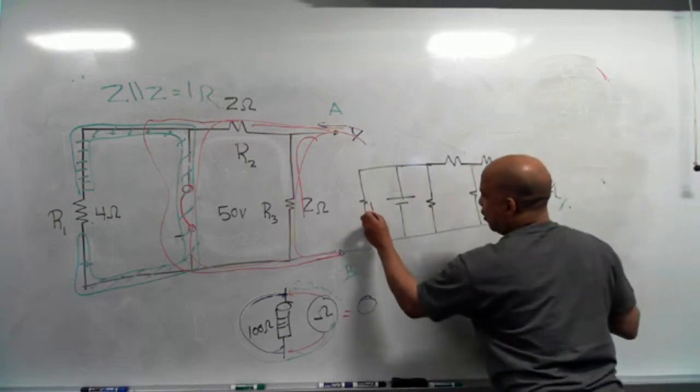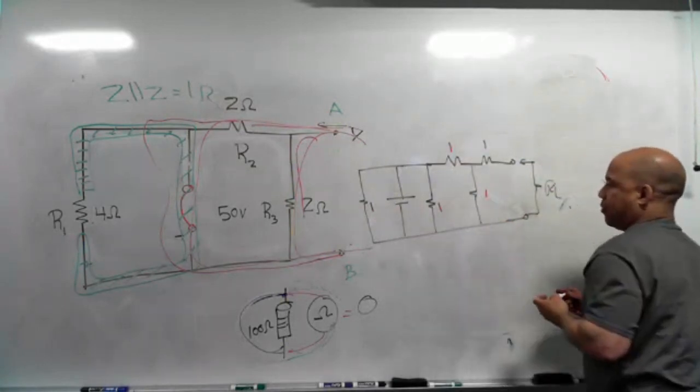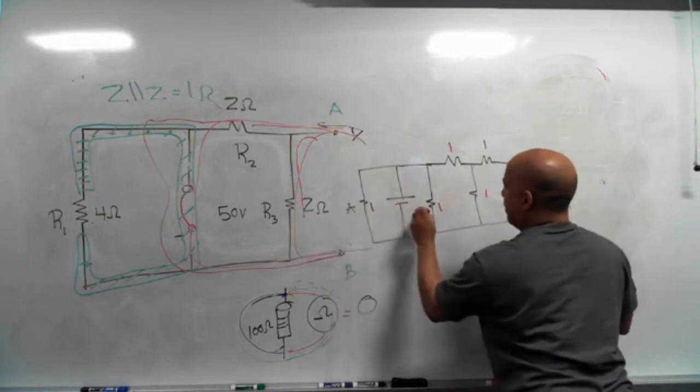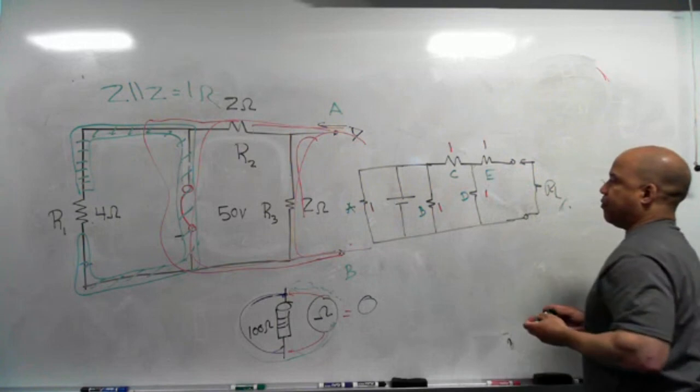Let's just make these all 1 ohm. That's 1, that's 1, that's 1, that's 1, that's 1. And this is resistor A, B, C, D, E.